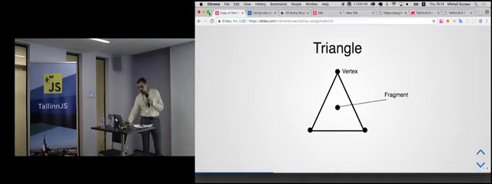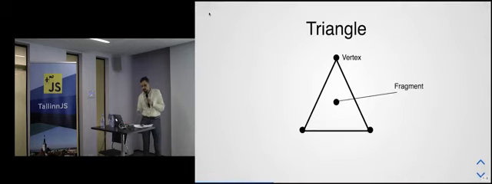First of all, let's talk about basics. You should understand how WebGL draws triangles. A triangle consists of 3 vertices with attributes.